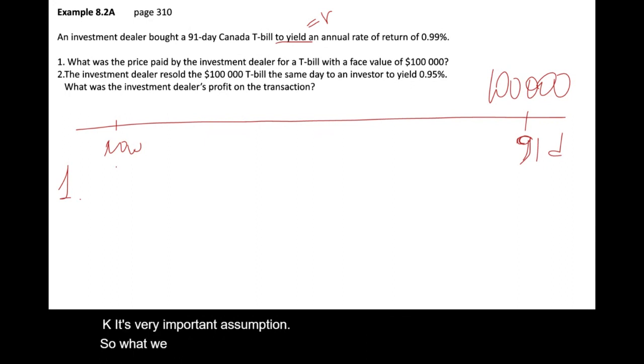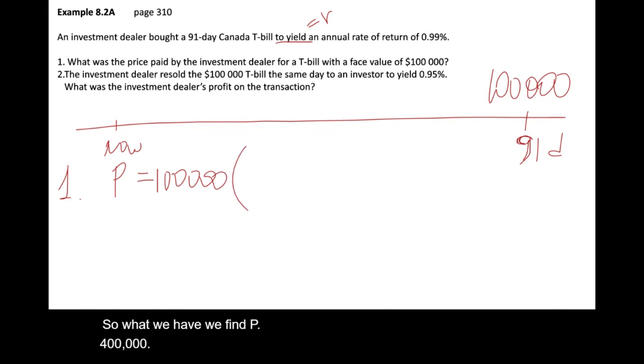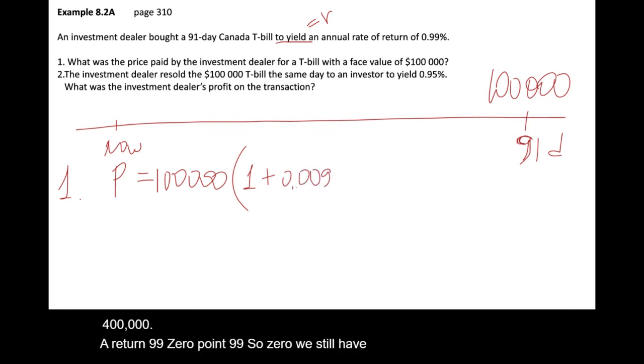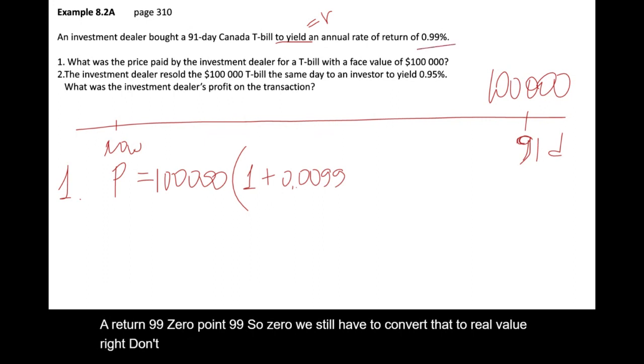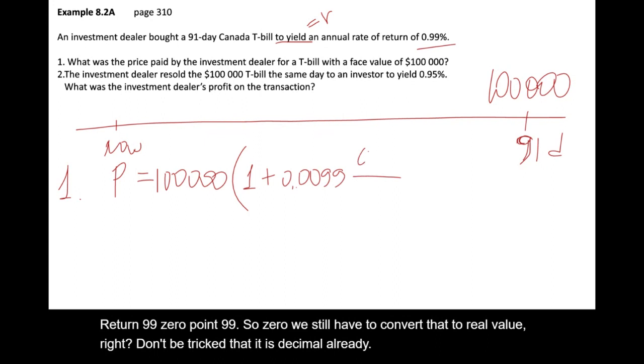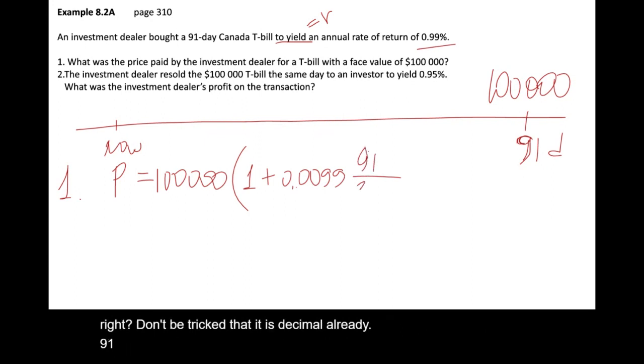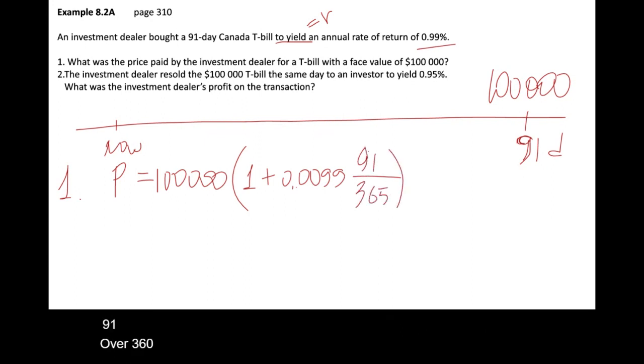So what we have, we find P of 100,000 over 1 plus return 0.99, so 0.0099. We still have to convert that to real value, right? Don't be tricked that it is decimal already. Times 91 over 365.